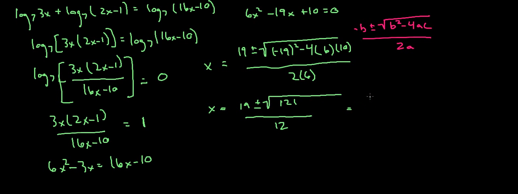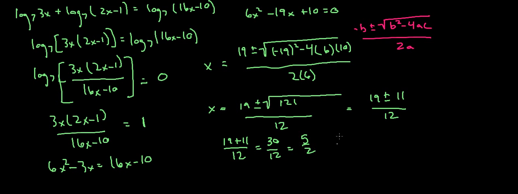So this is 19 plus or minus 11 divided by 12. So 19 plus 11 over 12 is 30 over 12, which is 5 over 2.